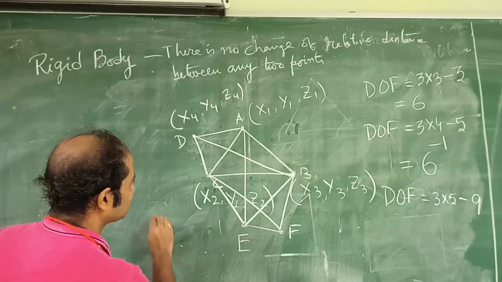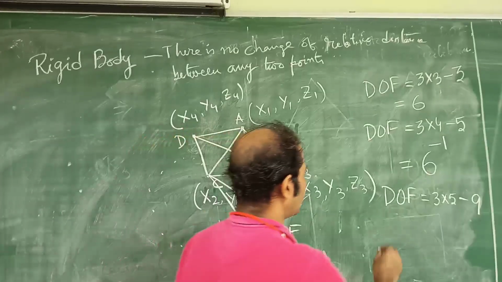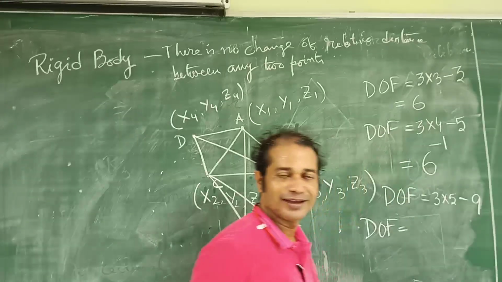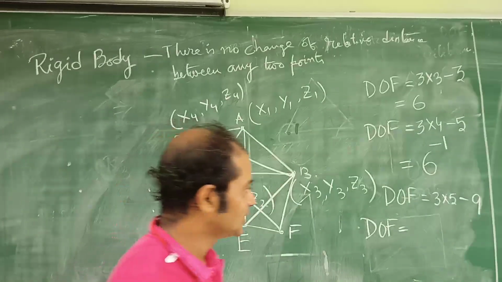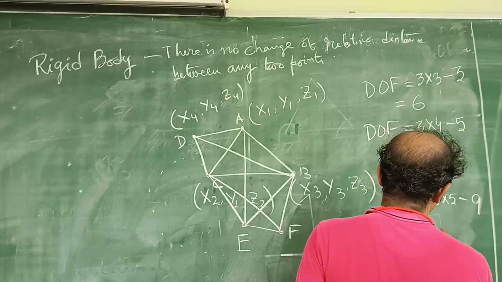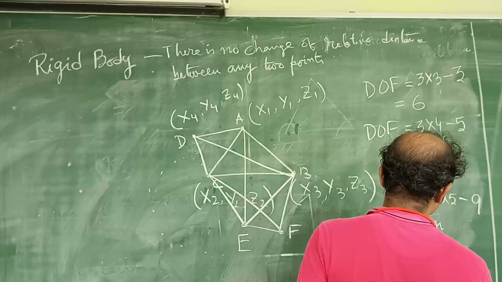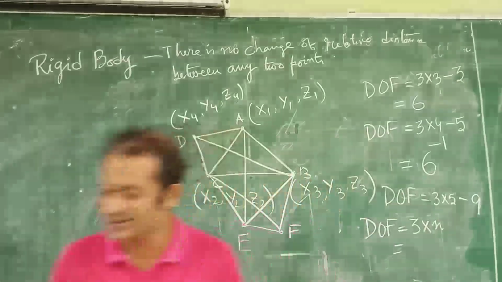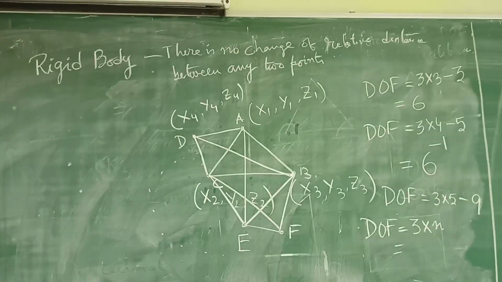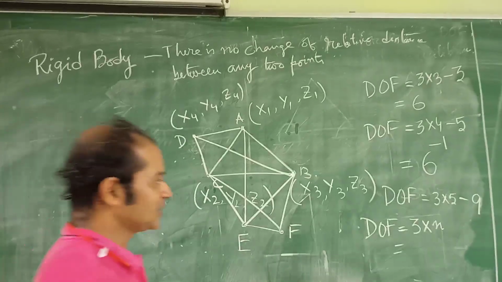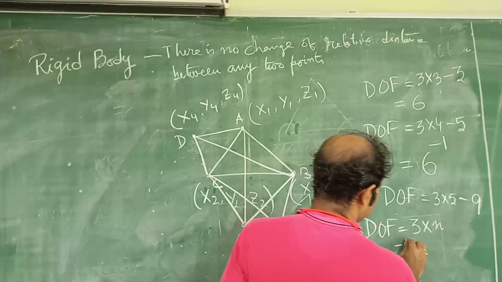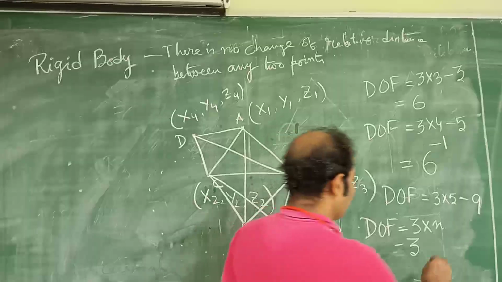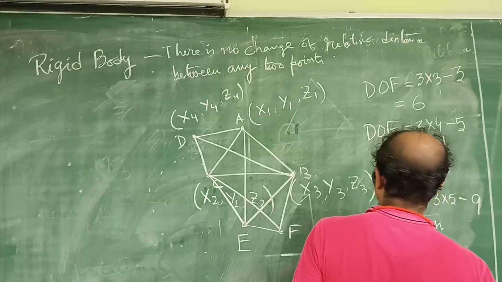So with this, if you are going for n number of points, you are going to make 3 cross n, 3n, minus how many constraints are you going to get? 3n minus 3 for the base triangle. Okay? Minus how many?